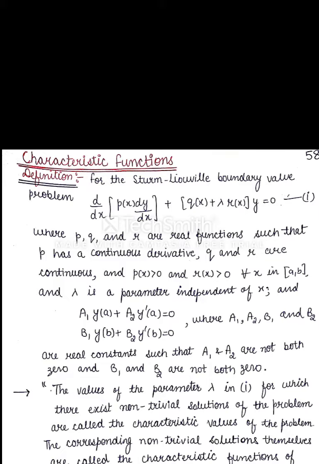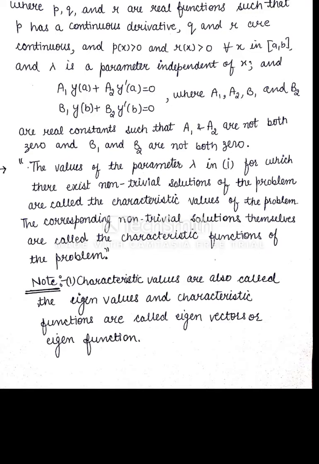Now, for a Sturm-Liouville boundary value problem marked as 1, the values of the parameter lambda for which there exists a non-trivial solution of the problem are called the characteristic values of the problem. That means characteristic values are the values of lambda which give a non-trivial solution to the problem.